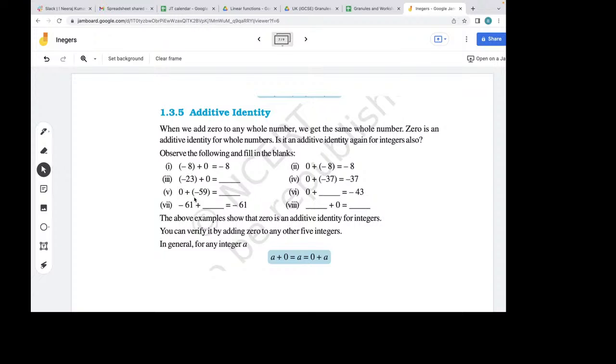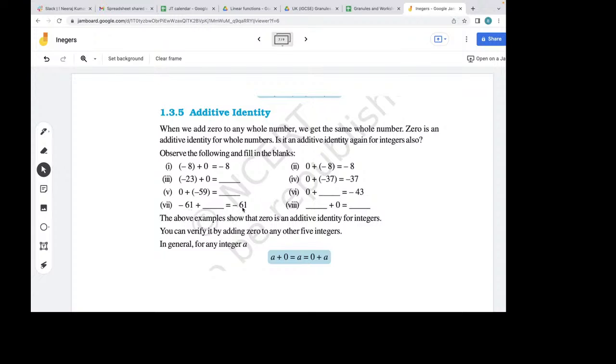Again, if we add 0 to minus 59, we will get minus 59 only. Again, what should you add to minus 61 to get minus 61 only?